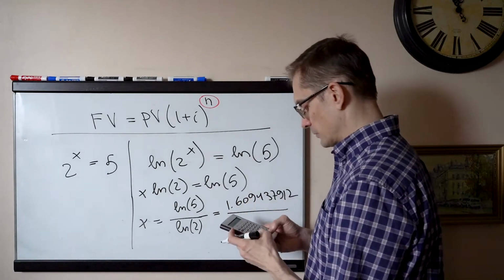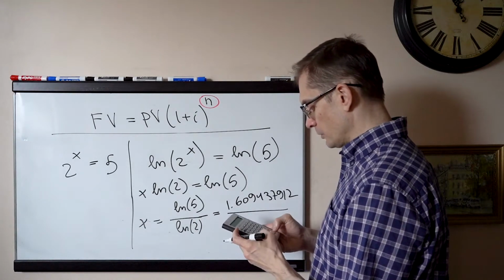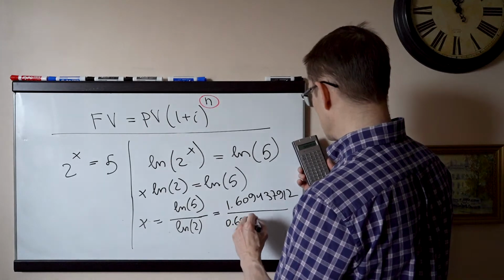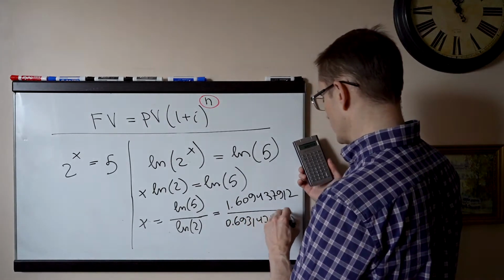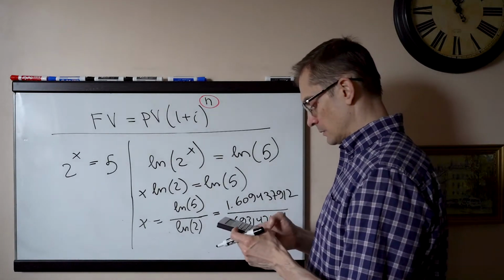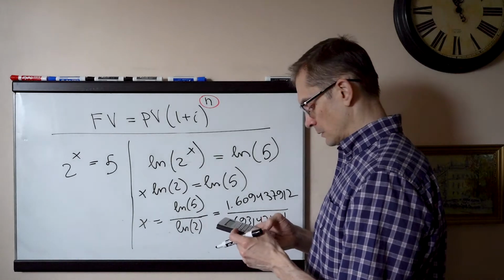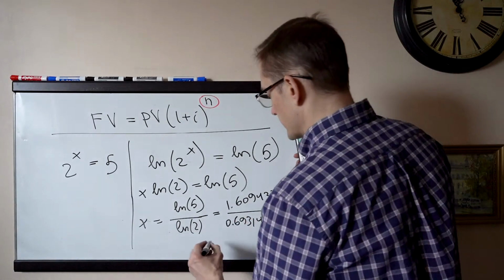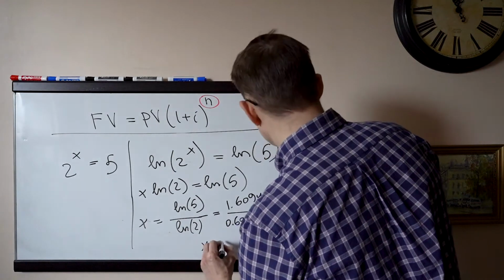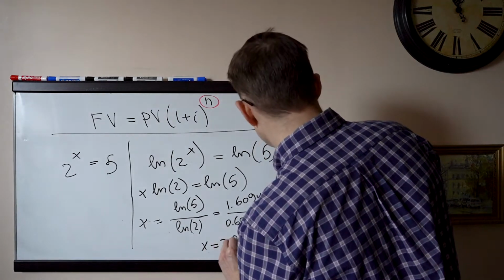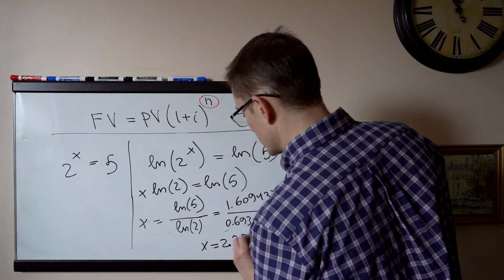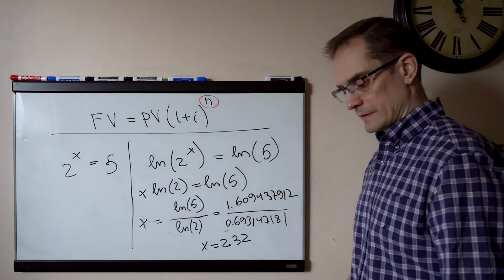And then the natural logarithm of 2 will be 0.693147181. So the result will be that x is 2.32 if rounded to 2 decimal places.